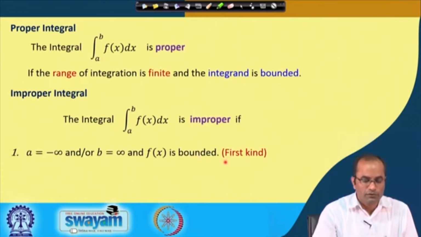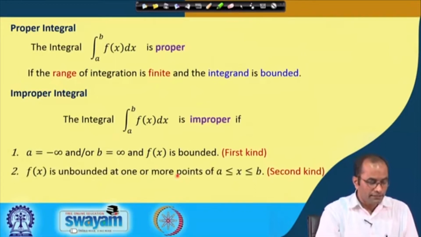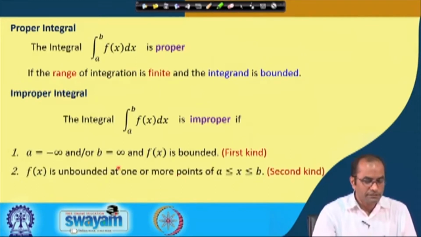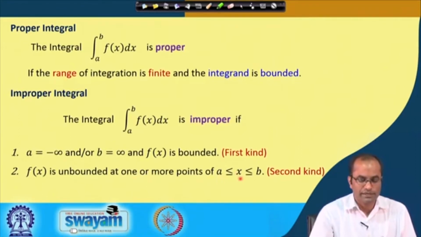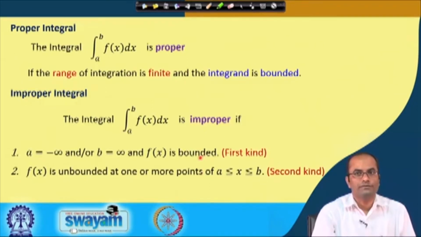In that case, we call this integral improper integral of first kind. The second, if this f x is unbounded at one or more points in this range a to b, then we call it improper integral of second kind.